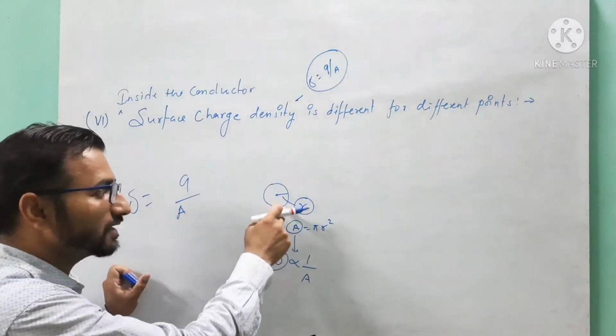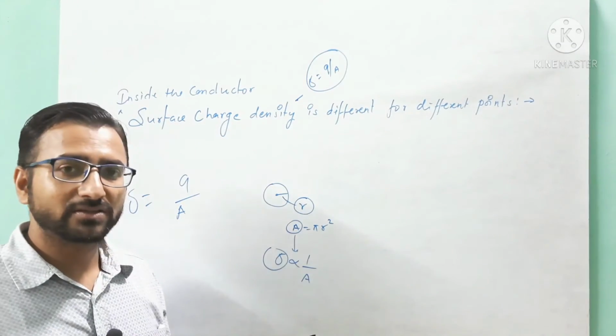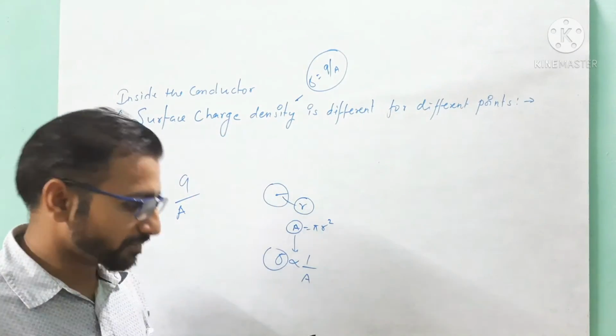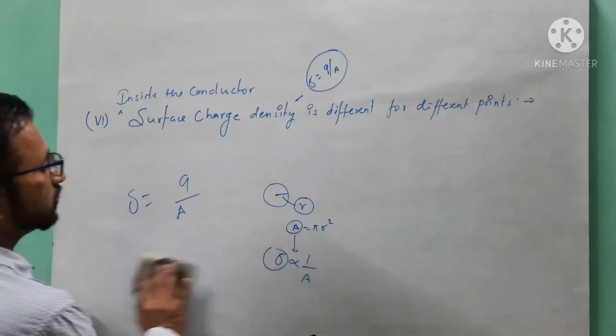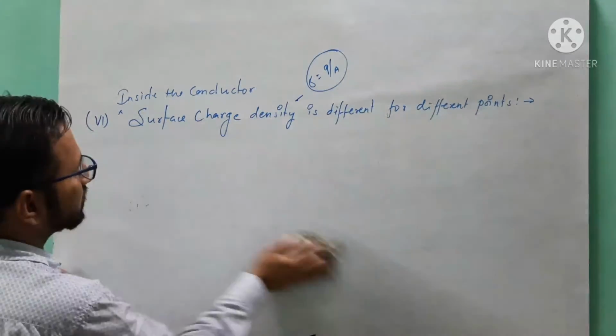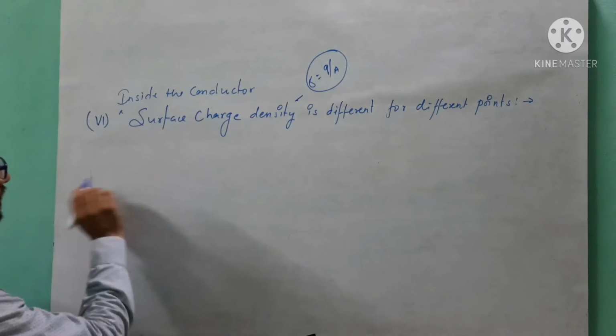So as the radius or area changes, the value of sigma changes. The reason is simple: the rearrangement of charges due to the flow of negative charge. So I will write this down here.